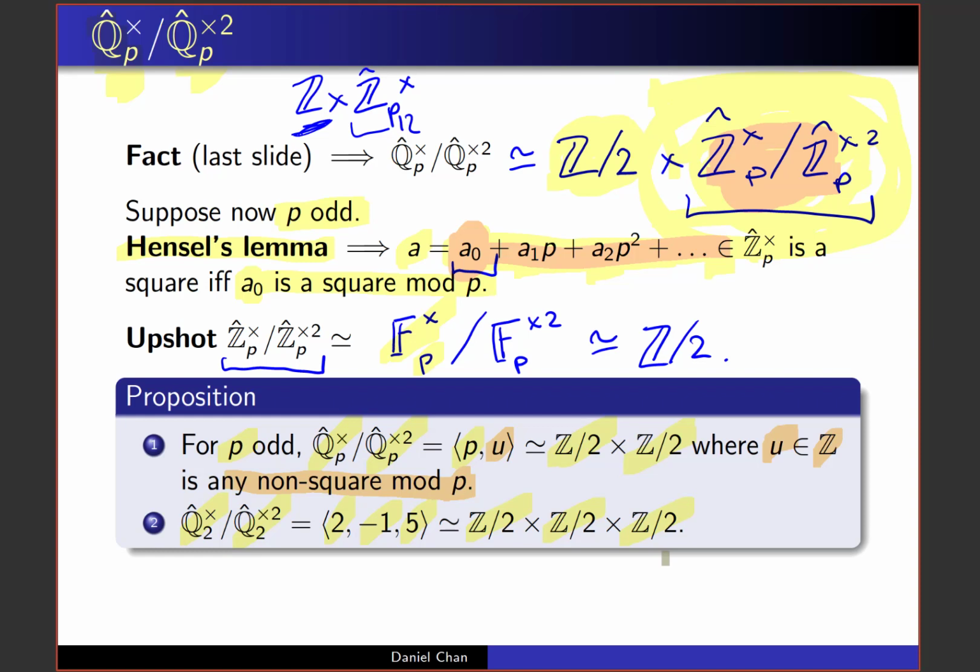Okay, so let's just remind ourselves what's going on here. Why are we interested in this? If you look at this Hilbert symbol, you put in two elements in Q hat cross P, but actually it's trivial on squares, so you can think of this as an element of this two torsion abelian group.